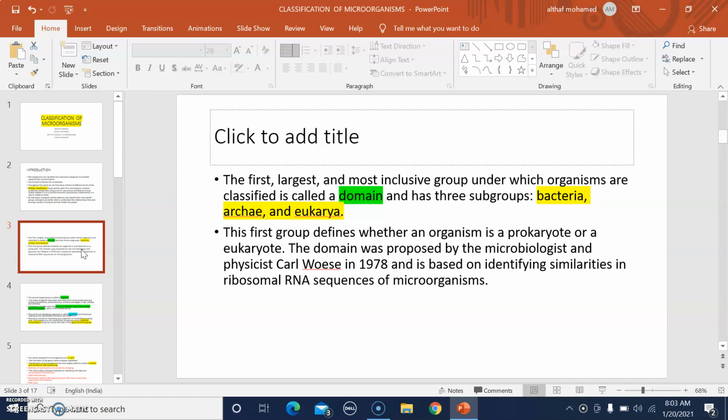It is based on identifying similarities in the ribosomal RNA sequence of microorganisms, so based on those similarities, organisms can be classified into three subgroups.